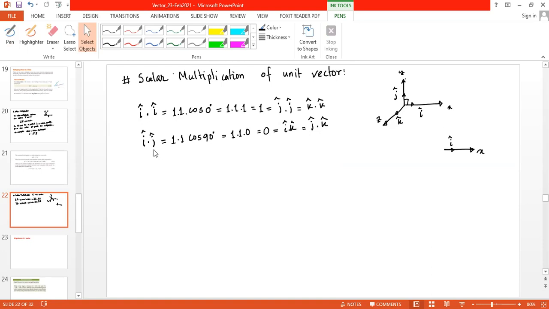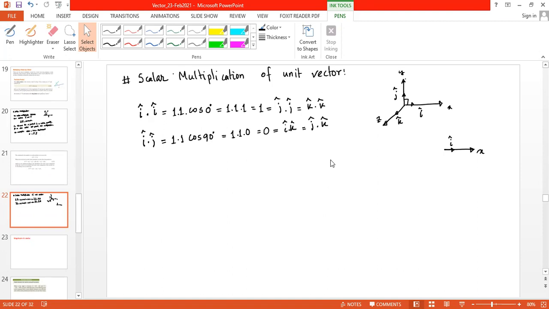If you multiply a unit vector with another unit vector by scalar multiplication, the result will be 0, such as i dot j equal to j dot k equal to k dot i equal to 0.